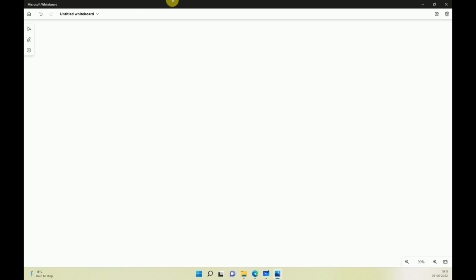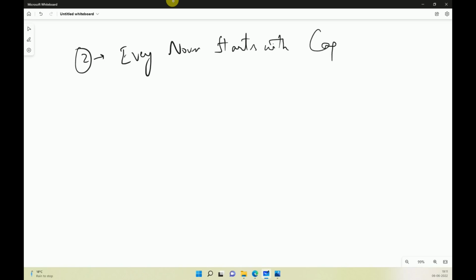Now there is another rule, rule number 2. Every noun starts with a capital letter. Right? Now, in English also, let's say I say, I stay in Mumbai, right?